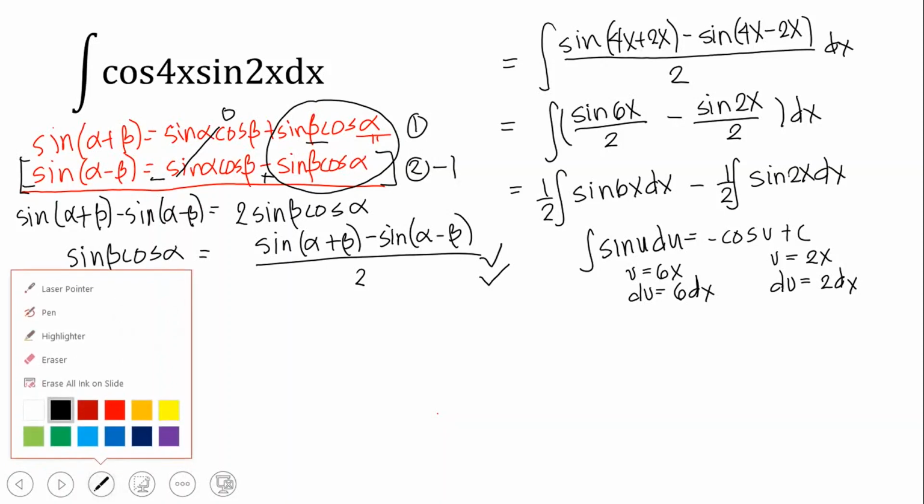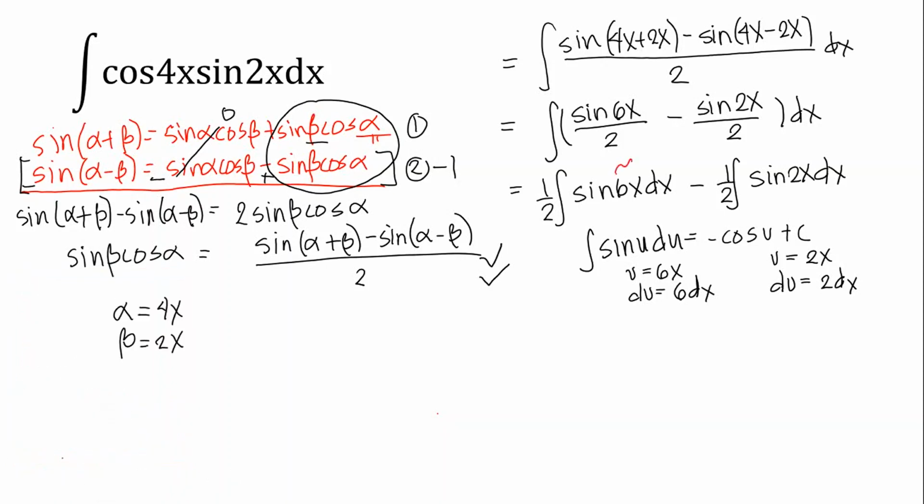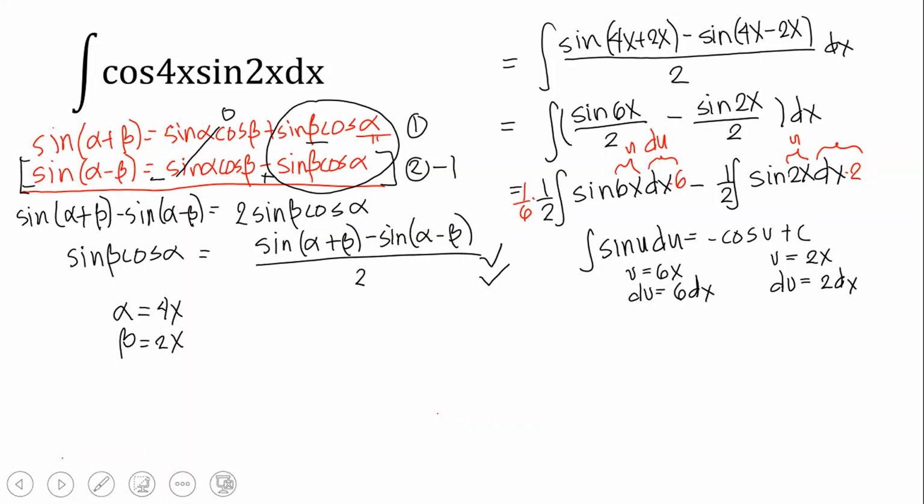So in the equation, if this is our u, this should be our du. However, our du lacks 6, so multiply by 6, and outside of the equation multiply by 1 over 6. In the other case, if this is our u, then our du should be 2dx, so multiply by 2. This is now our du, then multiply 1 over 2 outside of the integration.